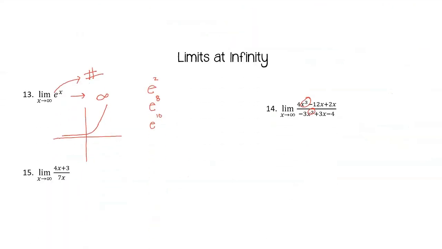What that means is these terms drop out, and we're left with the limit as x approaches infinity of 4x cubed over negative 3x cubed. Those divide out, and I'm left with just negative 4/3.